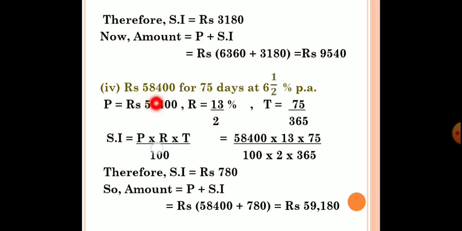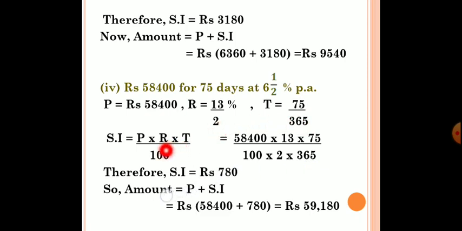Now question number 1, part 4. Rupees 58,400 for 75 days at 6.5% per annum. Here the principal is 58,400, rate of interest is 13 by 2%, and time is 75 days. We can write 75 days into years as 75 divided by 365, since converting days into years means dividing by 365.